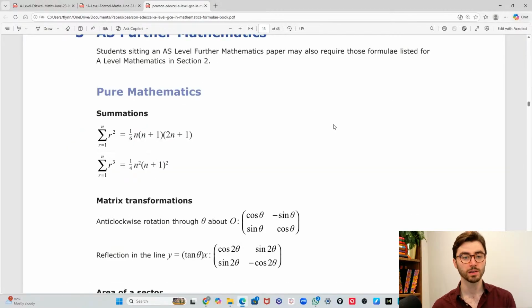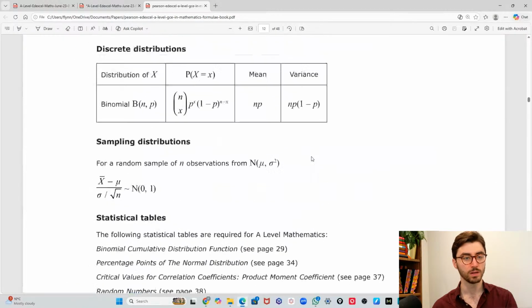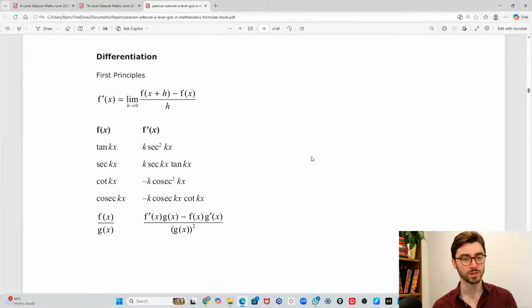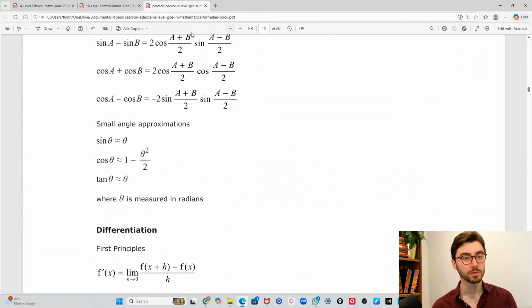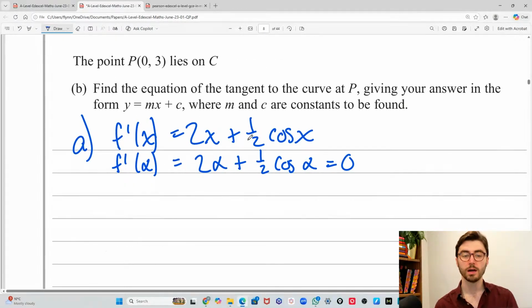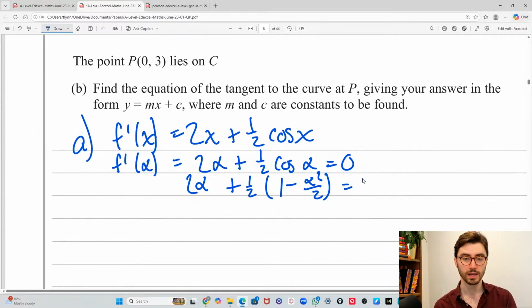I'm curious, in the mark scheme, do they give it to you? I don't think so. That feels like something you're supposed to know, but oh no, they do. They absolutely do give it to you in the formula book. So 1 minus theta squared over 2. So that means that 2 alpha plus a half into 1 minus alpha squared over 2 equals 0.